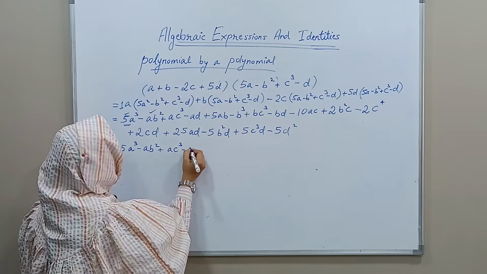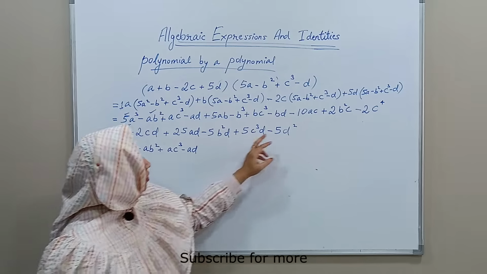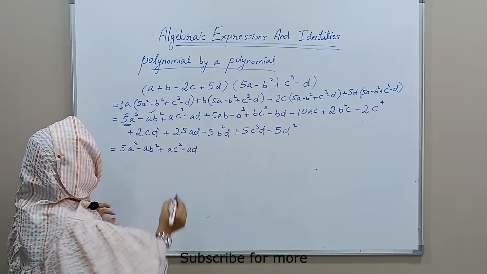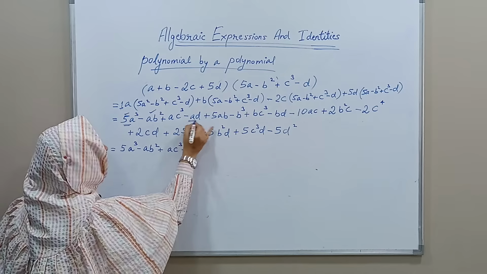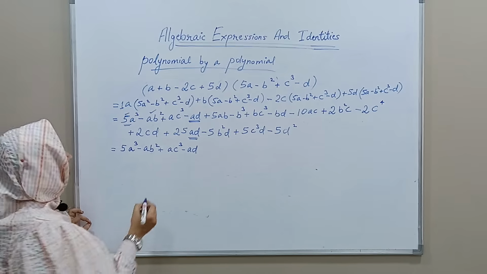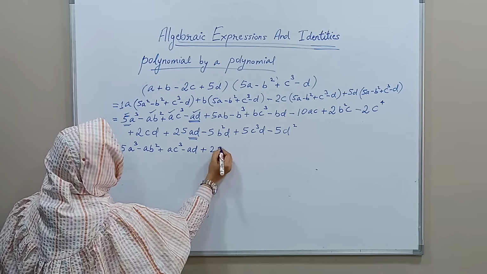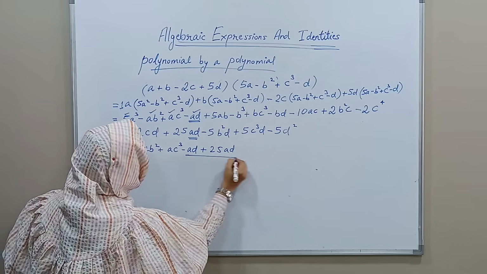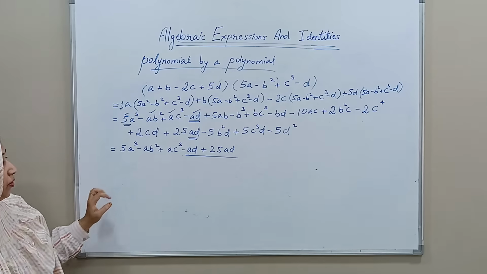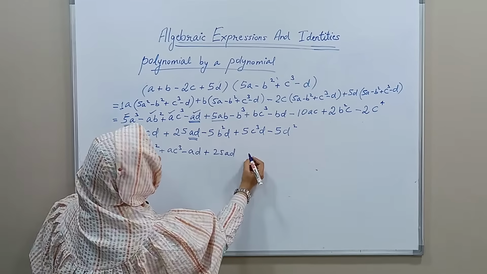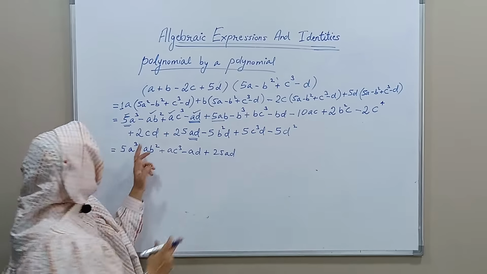Then we have minus ad and we have one more ad here. So these are like terms: minus ad and plus 25ad. We will solve them in the next step. Plus 5ab. Do we have another ab here?